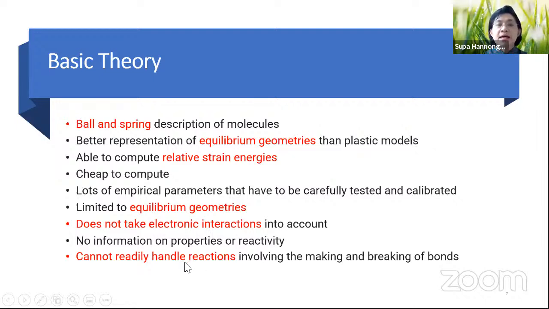These are the limitations of molecular mechanics, so you have to take care when you use it. It's simple and good for some particular systems, and it's very good when we combine molecular mechanics with quantum mechanics, which I will talk about in the next one or two lectures.